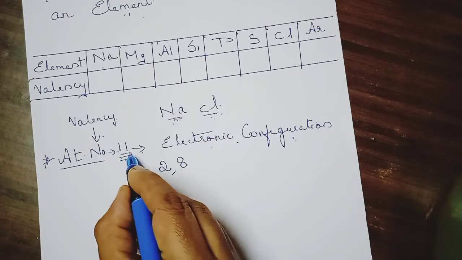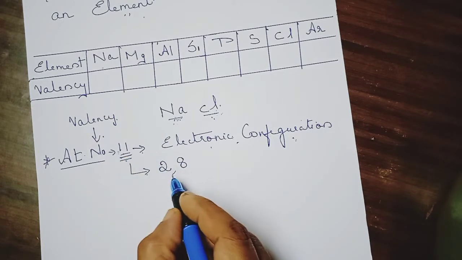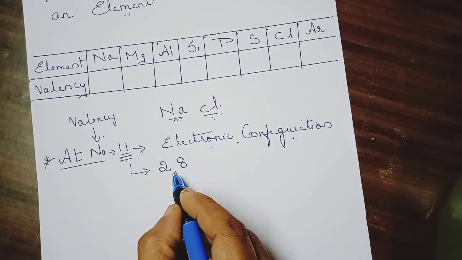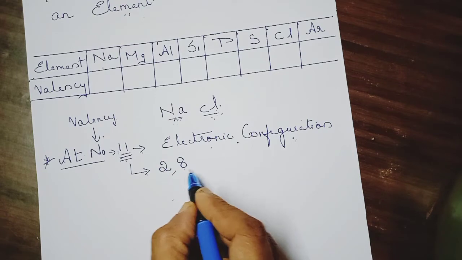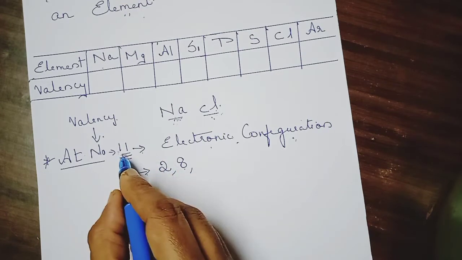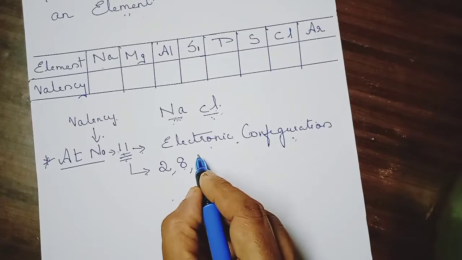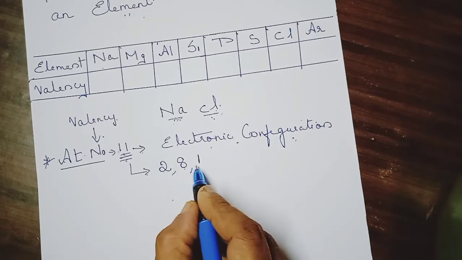The atomic number is 11, so keep mathematics in your mind. 2 plus 8 is 10. We need one more electron to get 11, so the third shell will have 1 electron. So 2, 8 and 1.